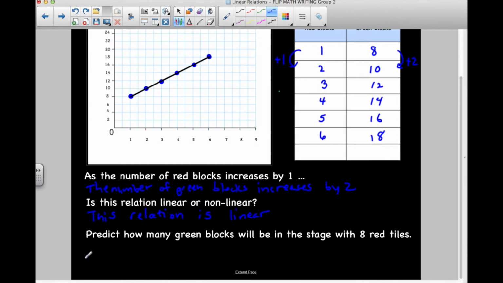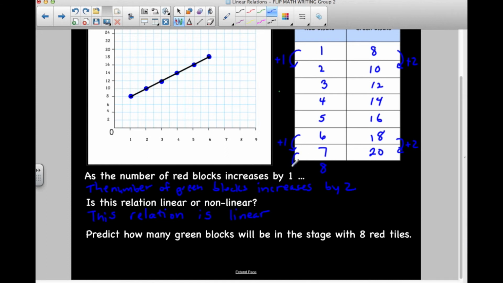Our next task is to predict how many green blocks will be in the stage with 8 red tiles. Well, there's a couple different ways that I can do this. I know how many blocks are in my 6th stage, and so I know that if I continue to my 7th stage, I'm adding 1 red block, and I'm adding 2 green blocks. 18 plus 2 is 20. To get to my 8th stage, I can repeat the process.